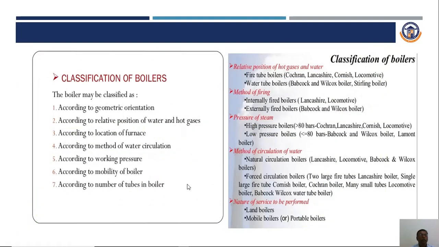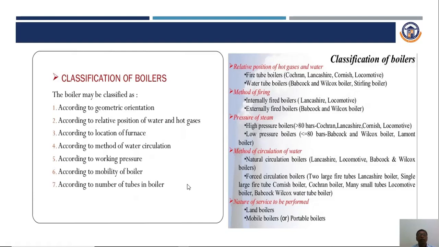So classification is according to the orientation, the relative position of water and hot gases, the location of the furnace, the method of water circulation, the working pressure, the mobility of the boiler, and the number of tubes in the boiler.